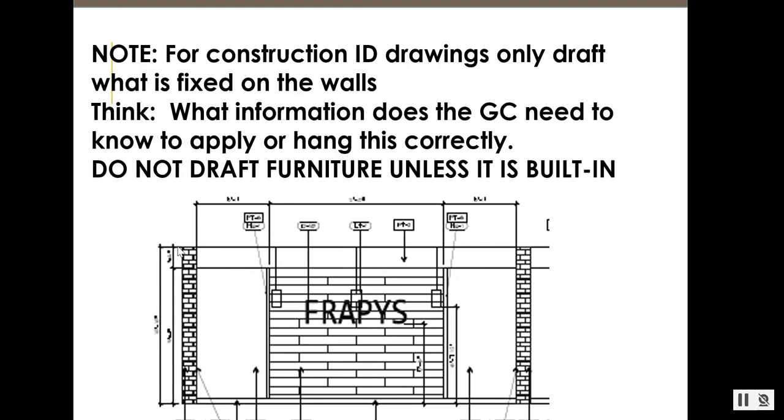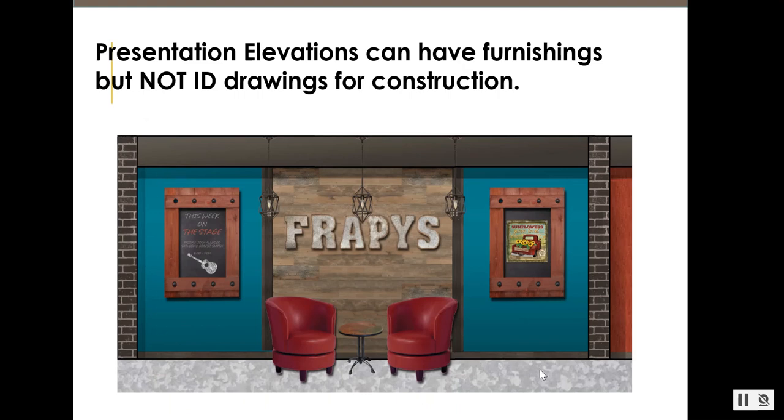And I have overall wall heights, overall wall lengths, and then I show where this molding goes right here. So the contractor knows they go over a certain amount, put a piece of molding, go over a certain amount, put a piece of molding. That communicates what they need to know and what they need to install. They also know the height of where to start these letters. So that's the Frappies wall.